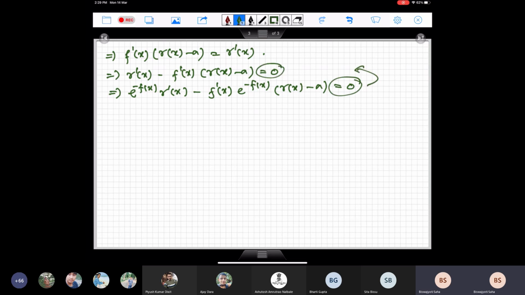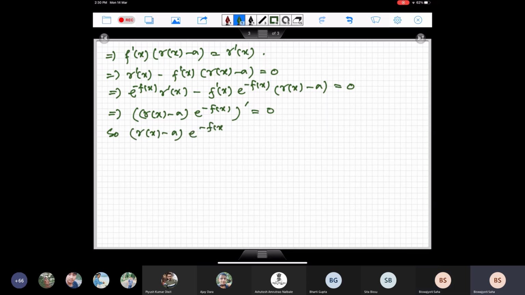Now this is in closed form: this is the derivative of e to the power minus f(x) times gamma(x) minus a, and it is equal to 0. This is just a function of one variable. So gamma(x) minus a times e to the power minus f(x) is a constant.